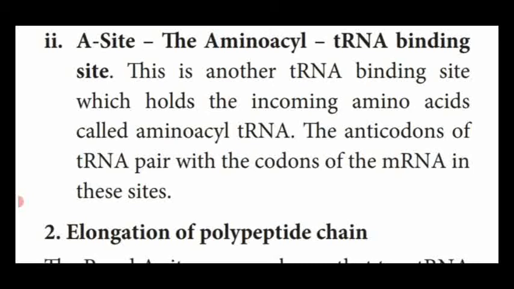So these two are the sites present in the ribosome to receive the message from tRNA. This is said to be the initiation process of translation. What is the initiation process? It is inducing or starting the translation process which occurs in the ribosome.